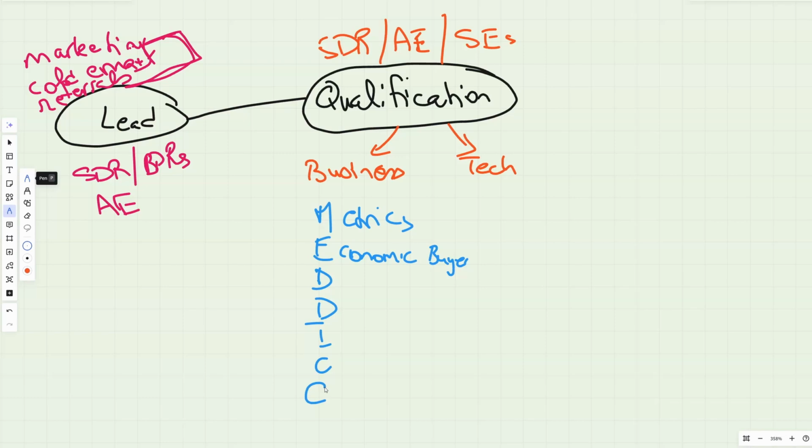But then you have the technical qualification, which has nothing to do with this. And the technical qualification is basically what are some of the deal breakers that we need to think about before we actually continue this conversation. So, for example, and this is a weird example, you have Salesforce and HubSpot. These are two CRMs that are known to the world, so I'm going to use them as examples.